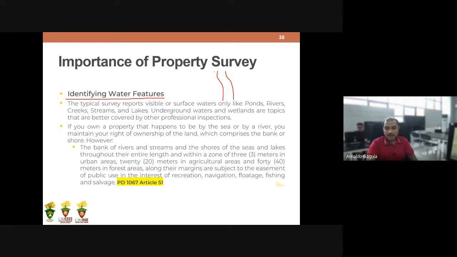So if your property is beside a river, for example, it will be in the technical description of your land. But we need to acknowledge the laws that dictate easements in agricultural areas, forest areas, and urban areas.